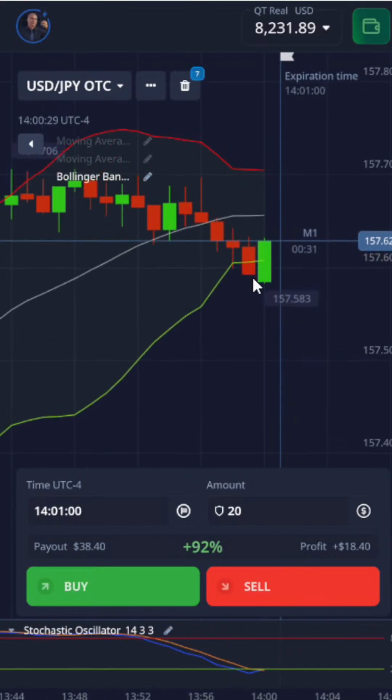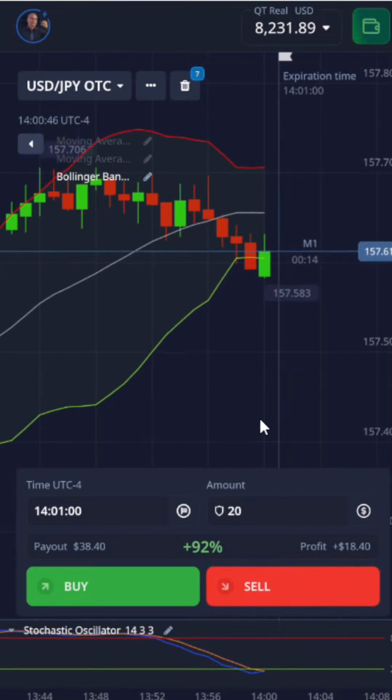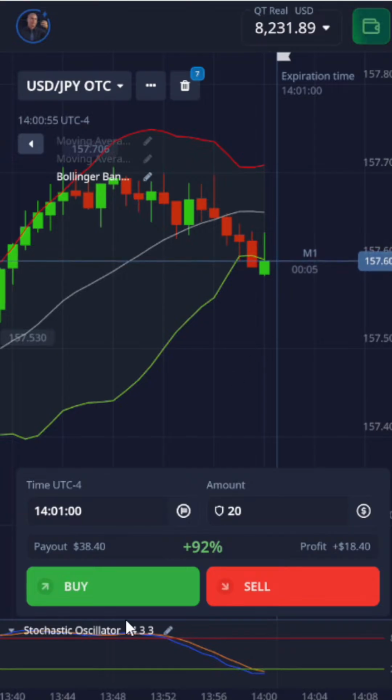This right here, guys, it's a gap. You see, that green candle is supposed to start right here. You see where they come over? So if you touch the top one more time, I'm gonna sell quickly, but let's see. I'm gonna buy the next one up, but I'm gonna buy on the pullback. I'm gonna wait for a pullback, and then buy on the pullback.